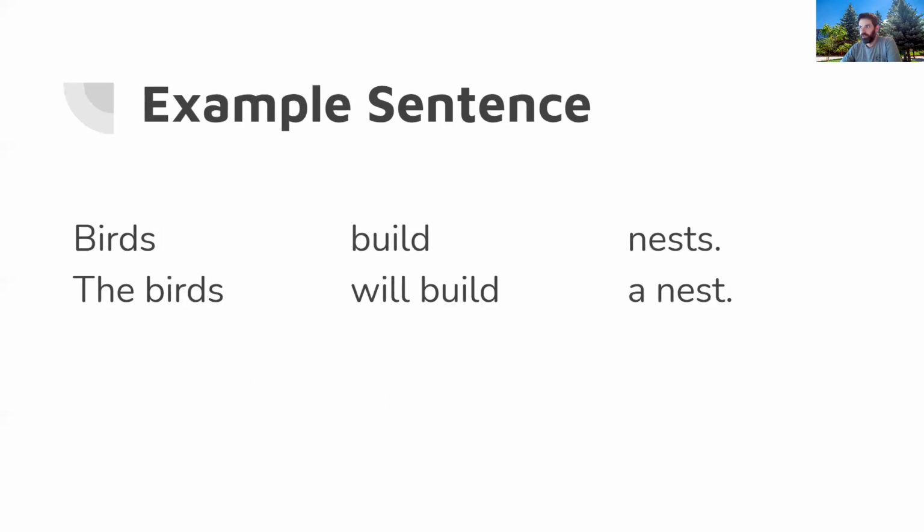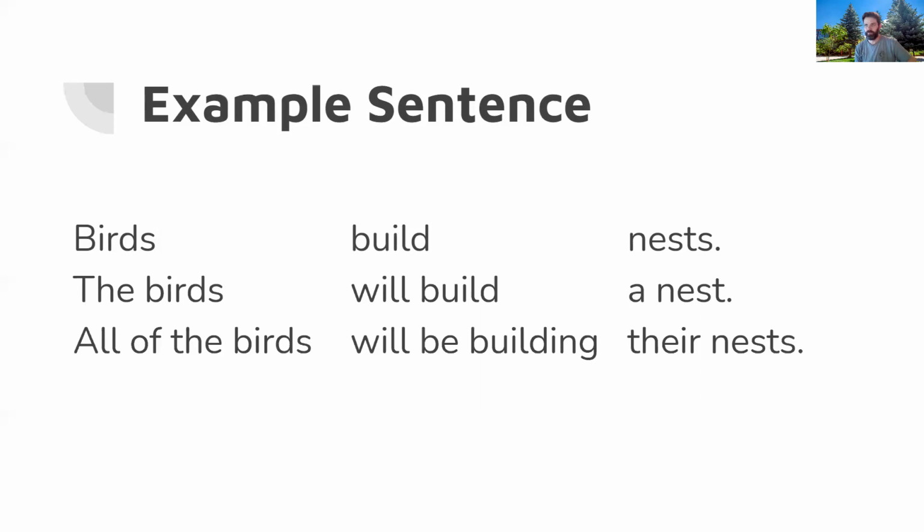The birds will build a nest. What's happening here is it takes the same amount of time in English to say birds build nests as it does to say the birds will build a nest. That's because we still have three main stress units. And even though there are more words, the function words are just being squished into the content words.